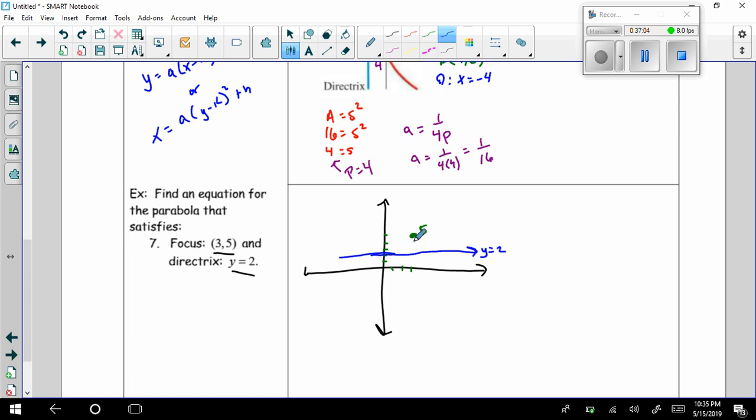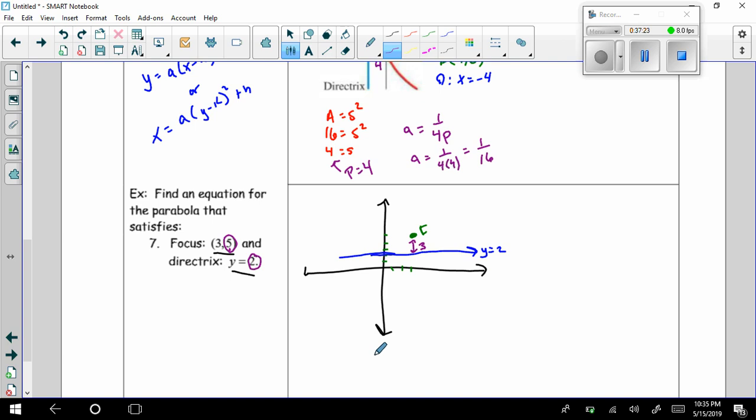So this distance here, I'm going to do purple like I have been, from your focus to your directrix goes from 5 to 2, which is 3.